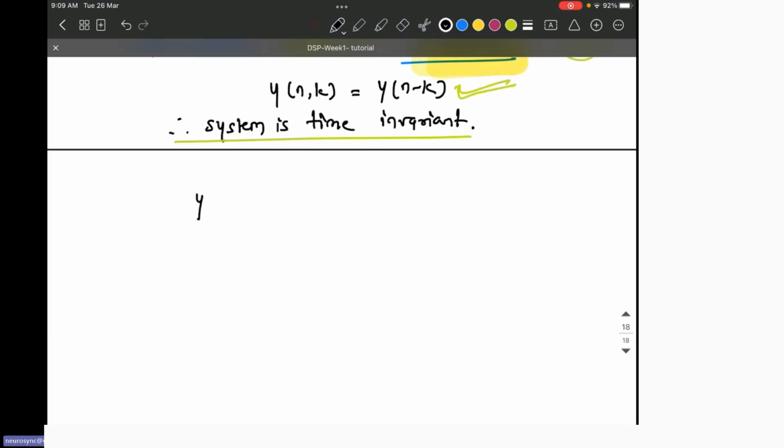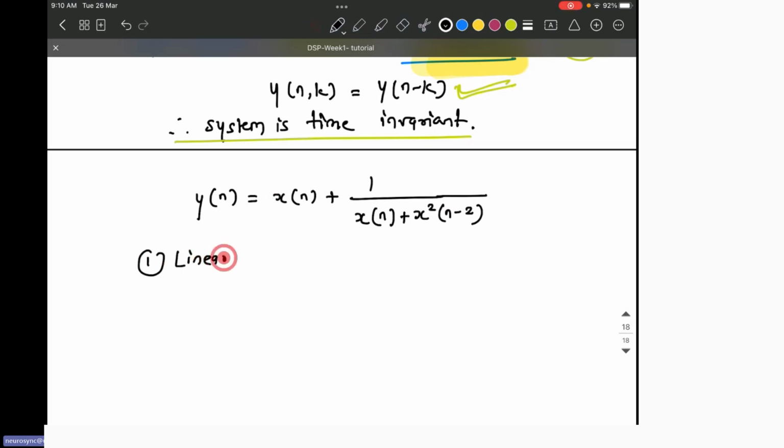Suppose the system is expressed like this: y(n) is equal to x(n) plus 1 by x(n) plus x square(n minus 2). Can you check these three properties? Linearity, causality, and time invariance.